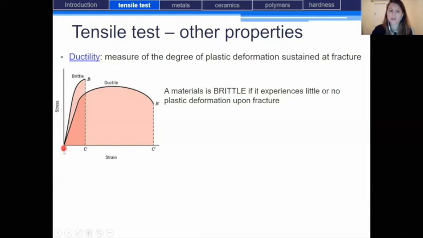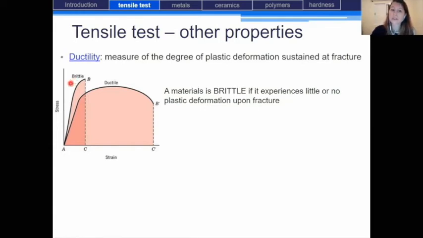You can see the first material is not highly plastically deformed. You can see that it breaks at a relatively low strain after the elastic domain. So in that case, we will say that this material is brittle.